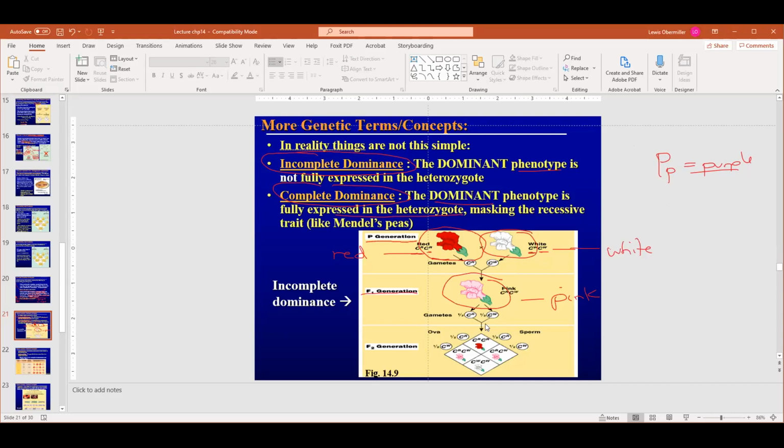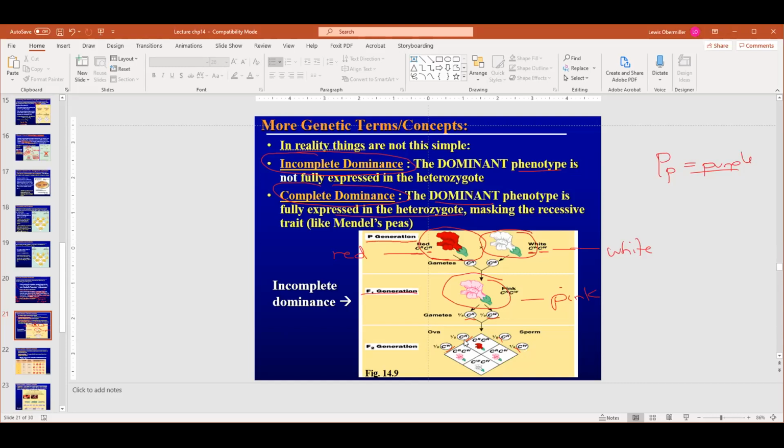All right, so if we do this, then this pink flower has one red allele and one white allele, and it can pass on one of each, right? So either red or white, right, when it makes gametes. So it could pass on white, it could pass on red, and then the father of this would have the same genotype sperm.